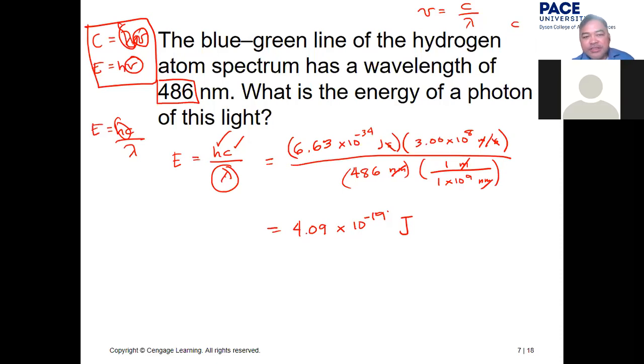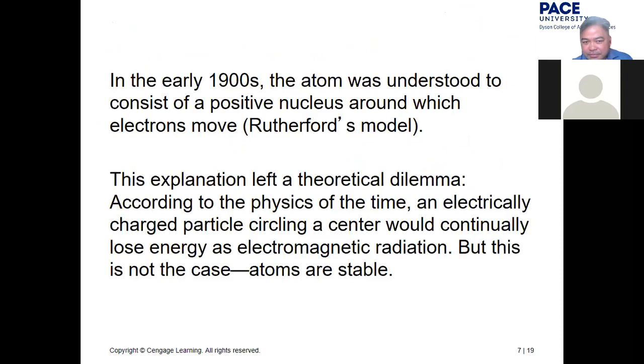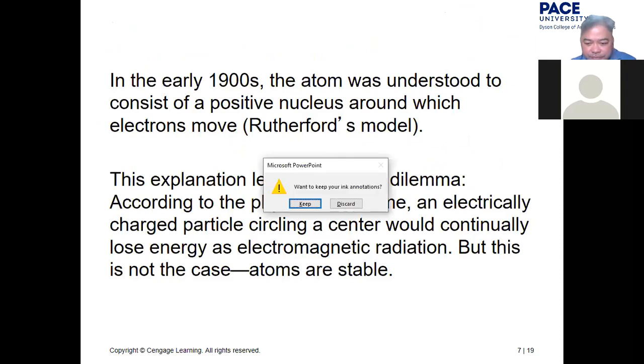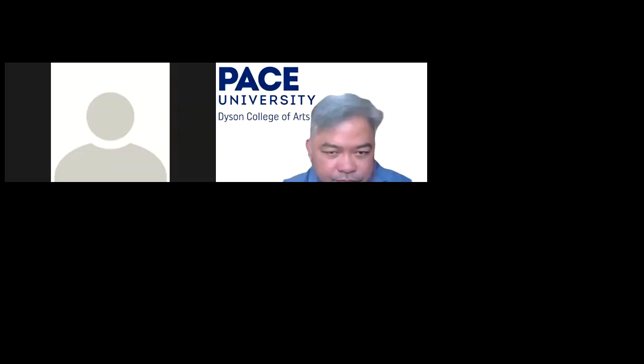So now that we have explained the stuff that we have here, we're now going to apply this to the atomic structure. As we mentioned before, the problem of Ernest Rutherford is that classical physics cannot explain the behavior of this atom.